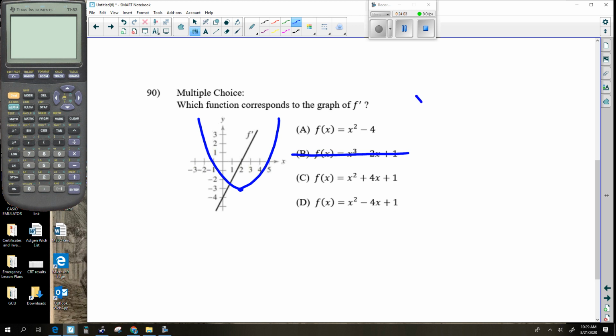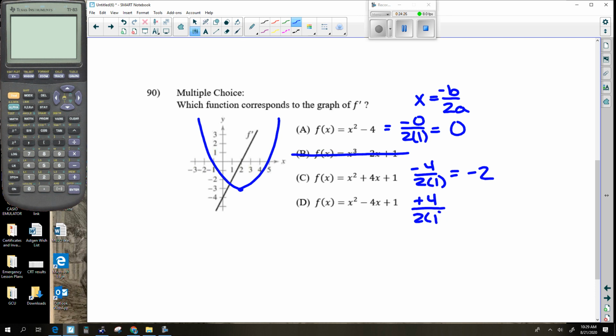How you can tell where a vertex is: -b over 2a gives you the x-coordinate of the vertex. What has a vertex at 2? It's this letter D.